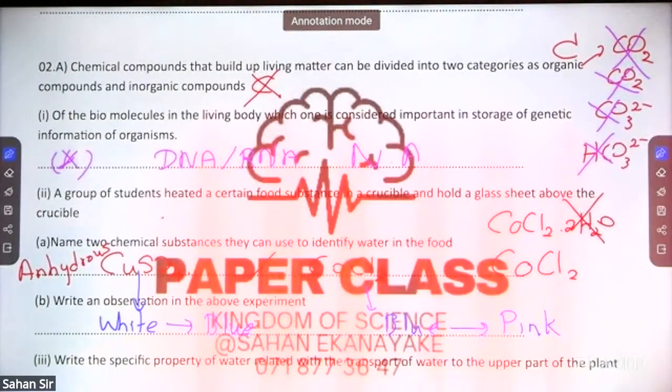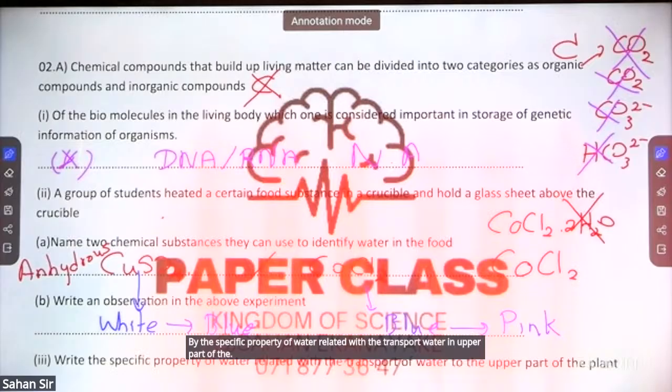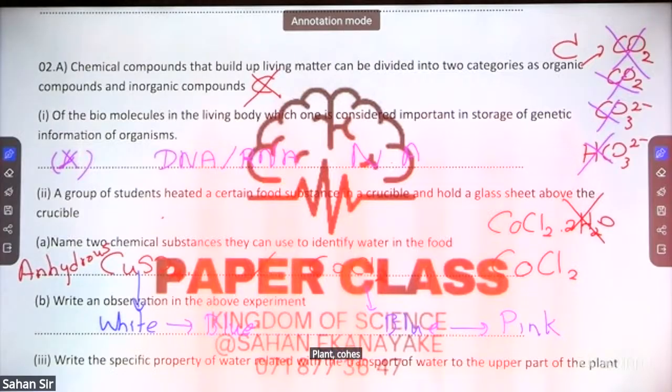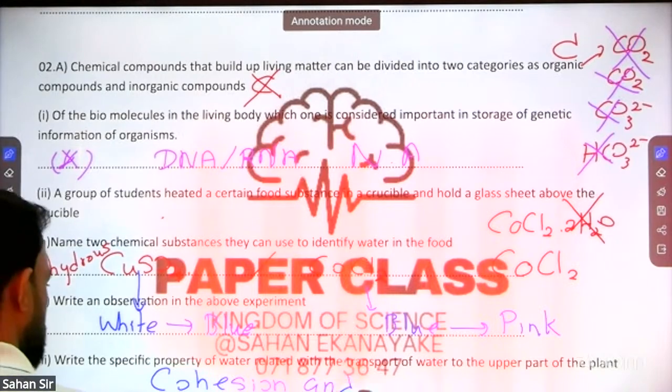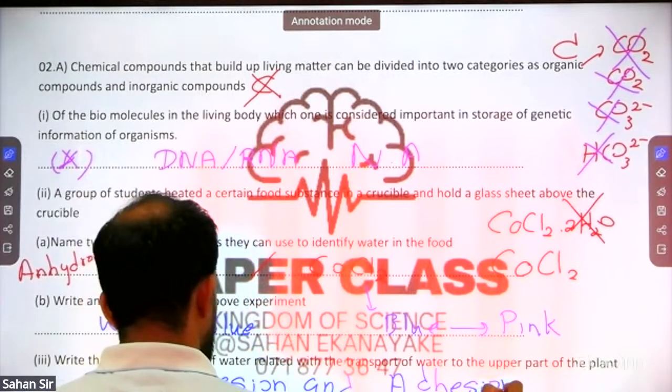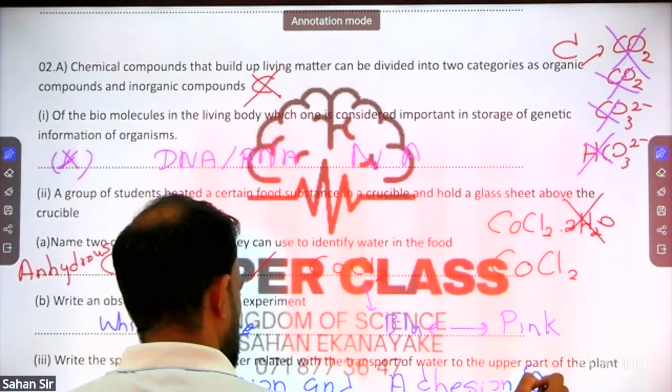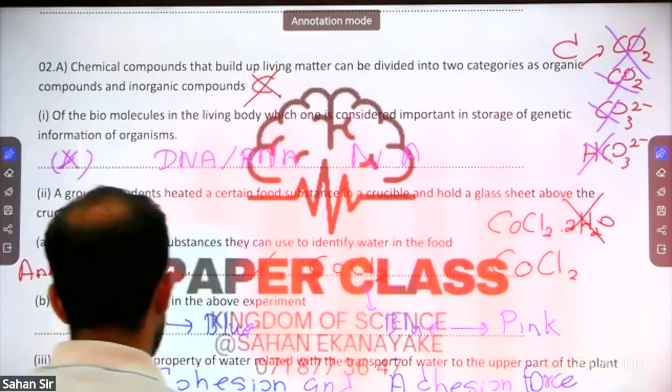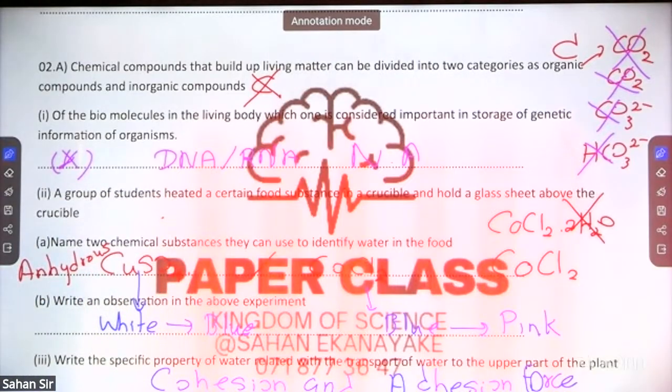Write the specific property of water related to the transport of water in the upper part of the plant: cohesion and adhesion forces. Right. Is it clear?